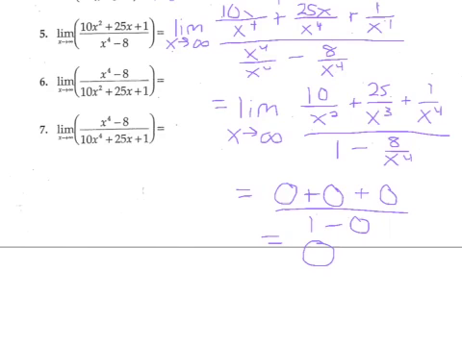For number 6, we'll move down so we have some more room. But we want to divide each term by x squared, since x squared is the biggest exponent in the denominator.